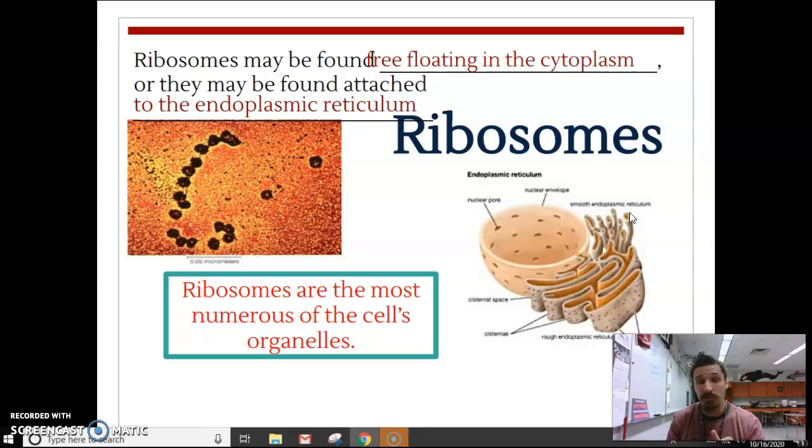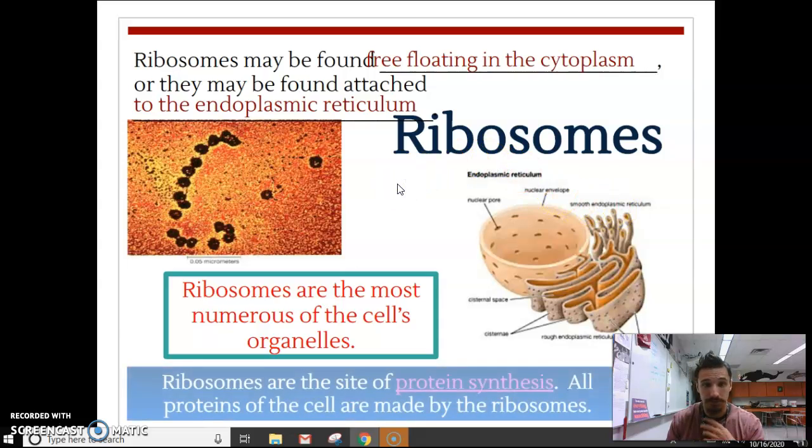Ribosomes are the most numerous of the cell's organelles, and we'll talk about why they're so numerous here in a moment. Ribosomes are where proteins are made. They're little protein factories. Every protein inside the cell that does anything was made on a ribosome.